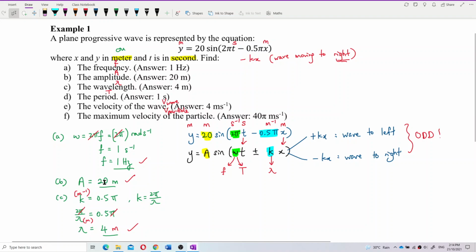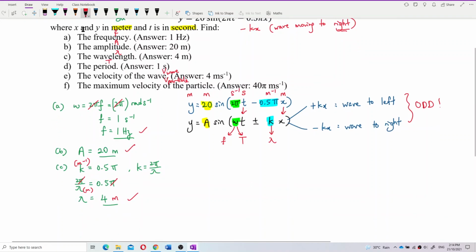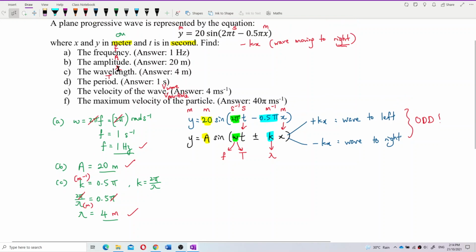Then your amplitude will change to centimeter, and your lambda also will change to centimeter. So you must be careful with the unit given. Is the x and y in meter or in centimeter? It will change the unit for amplitude and wavelength.